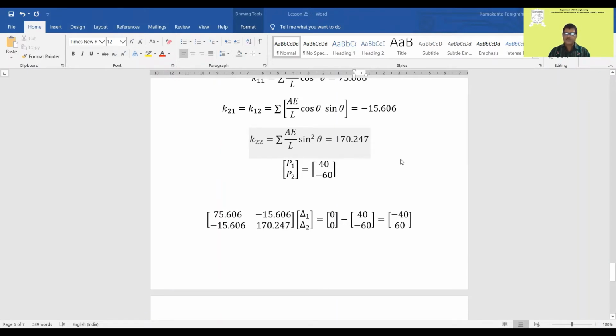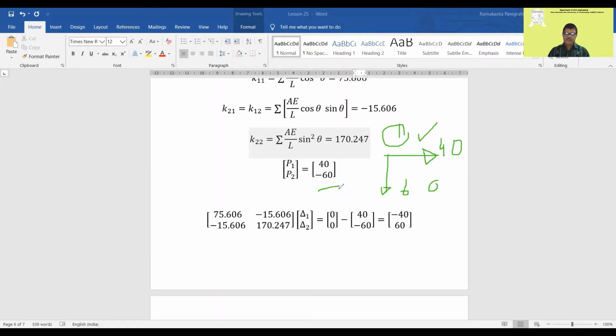So P1, P2: load is applied 40 in this direction and 60 in this direction. In direction 1, it is towards right, so positive. Direction 2, it is towards down, so it is negative.